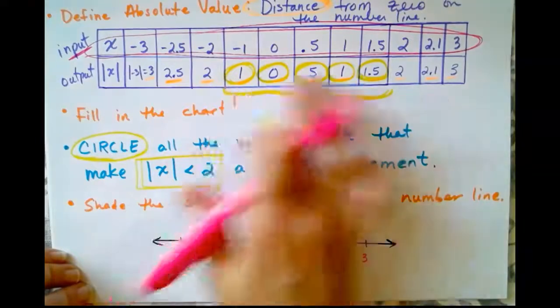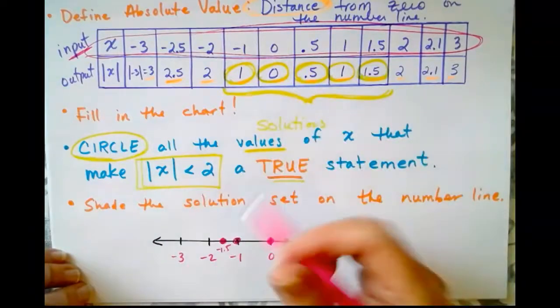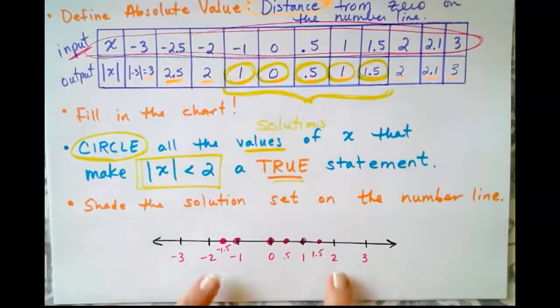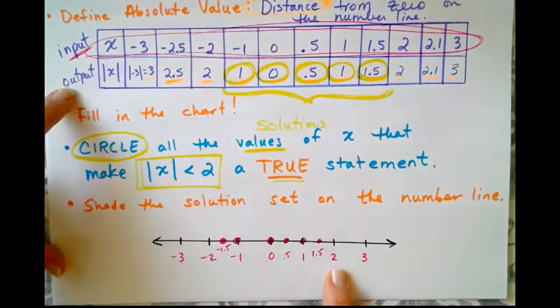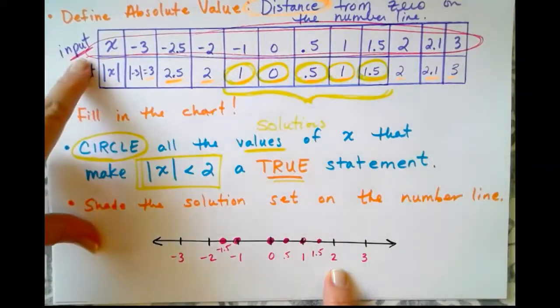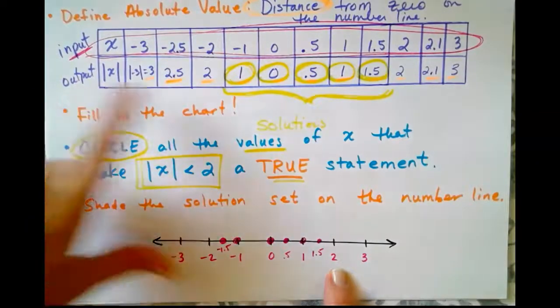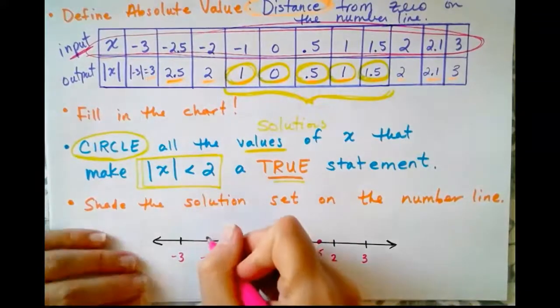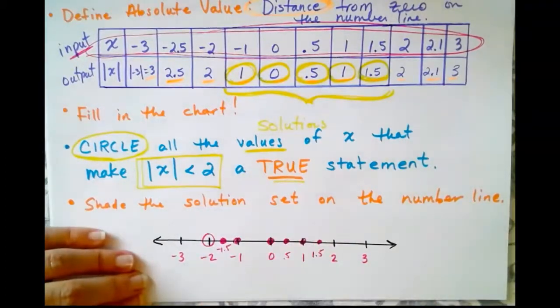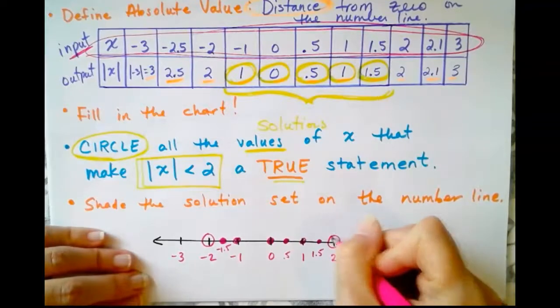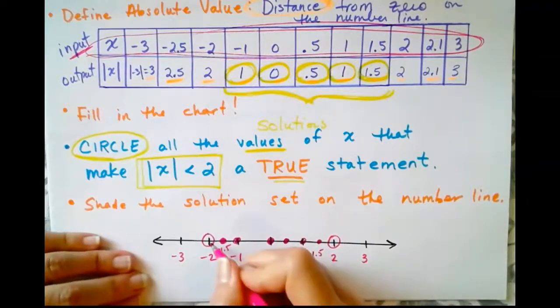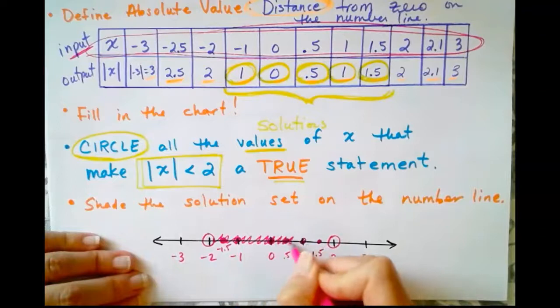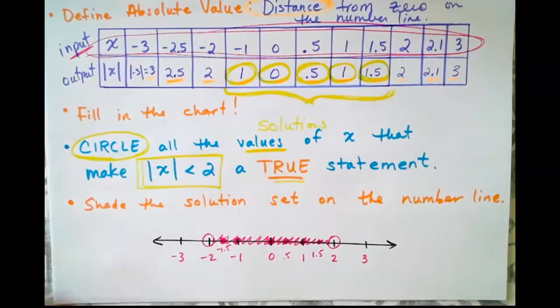So what we're seeing here, and what we're seeing on the bottom as well, is that it's everything in between -2 and +2. Once we input those values, our output is all less than 2. So open circle on the -2, open circle on the +2, and shade everything in between.